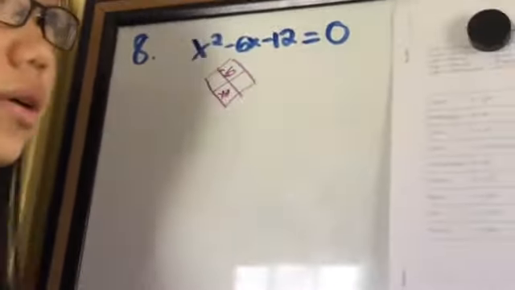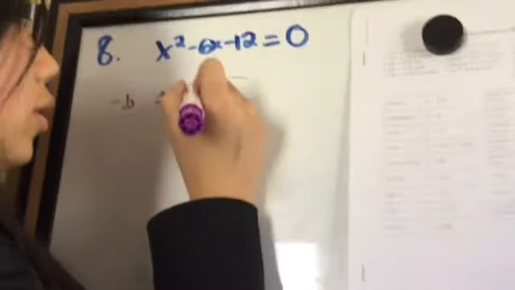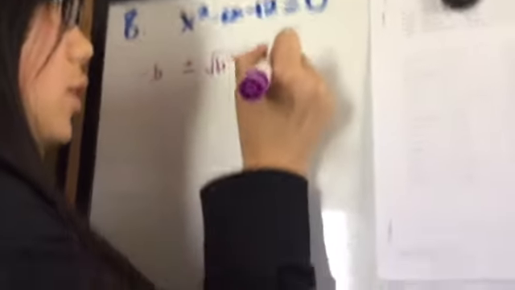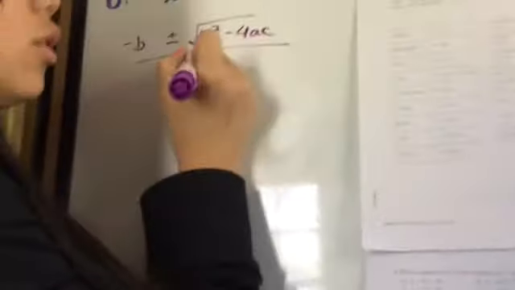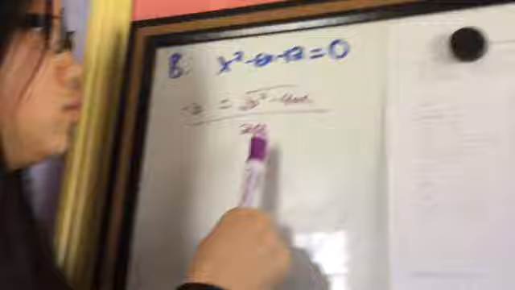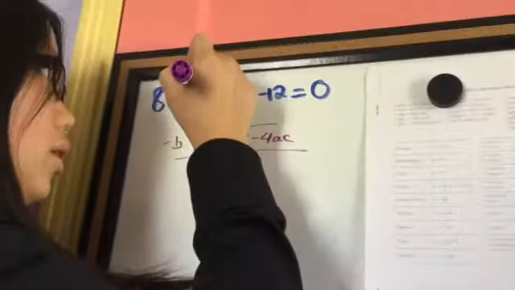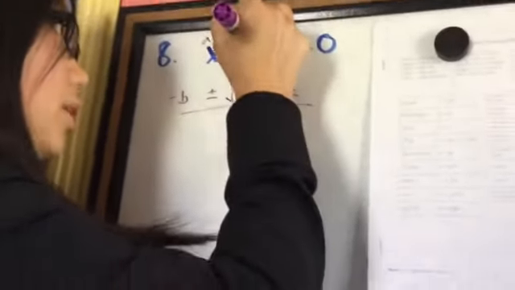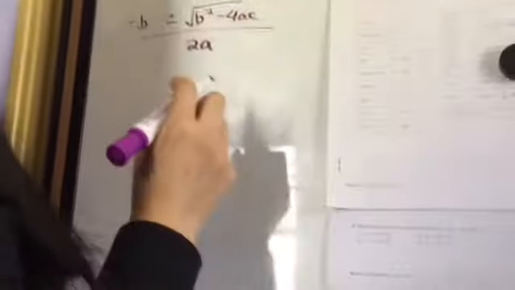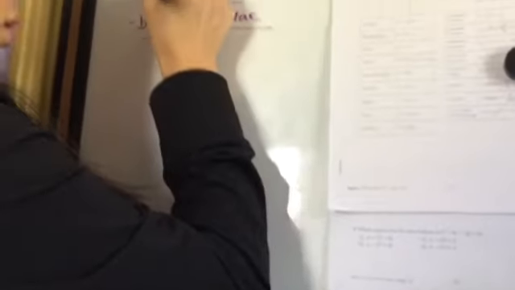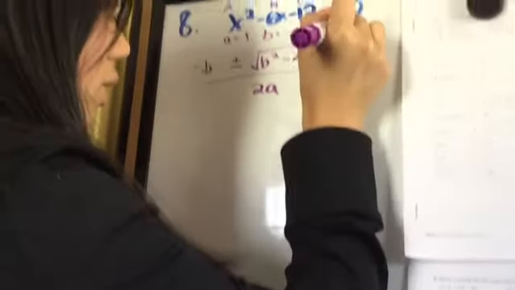We must use the quadratic formula, which is on your reference sheet: -b plus or minus the square root of b squared minus 4ac over 2a. So we have to use this. This is a, b, and c. So a is 1, b is -6, and c is -12.